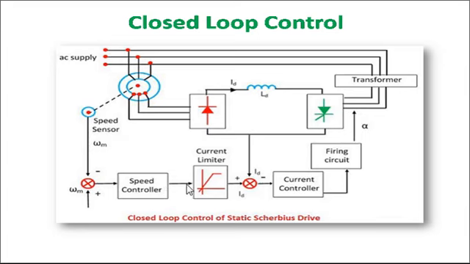The output of the speed controller is given to a current limiter circuit, and the current limiter circuit gives the desired value of the current ID, and here the actual value of ID is sensed. So the actual value and the desired value are compared, and an error signal is given to the current controller, and this current controller gives a signal to the firing circuit, and the firing angle alpha is controlled as per the desired value.